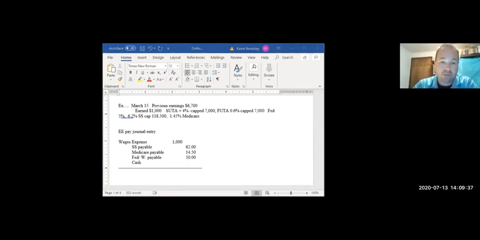So on this one, I'm just going to get out the calculator and take 1,000, I know you can't see this, minus 62, minus 14.5, and minus 50. That leaves $873.50 is what I would write a check for.